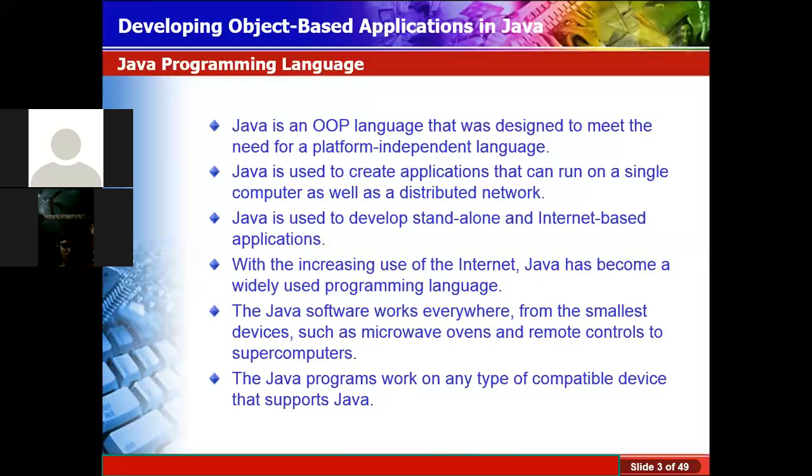Java software works everywhere, from the smallest devices such as microwave ovens and remote controls to supercomputers. In a normal calculator, the software that we are using is also Java.